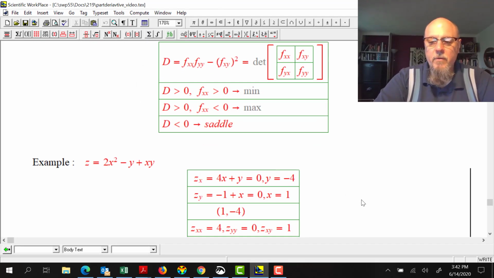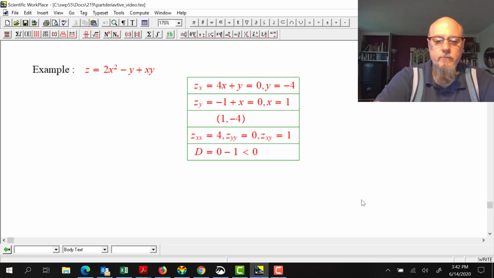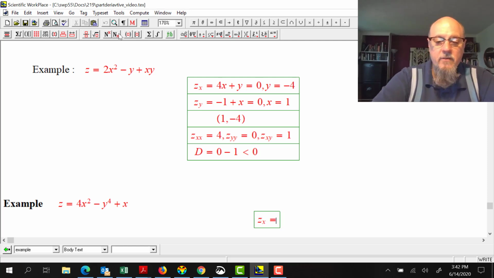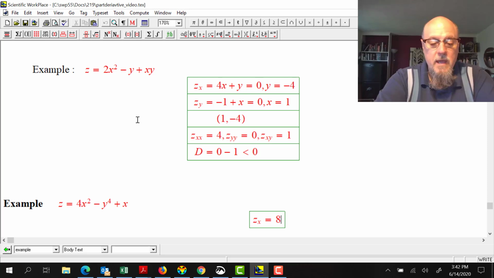Let's look at another example. So, same idea. I got to find the critical points. So, I need the two derivatives. The derivative with respect to x, that's going to be 8x plus 1.